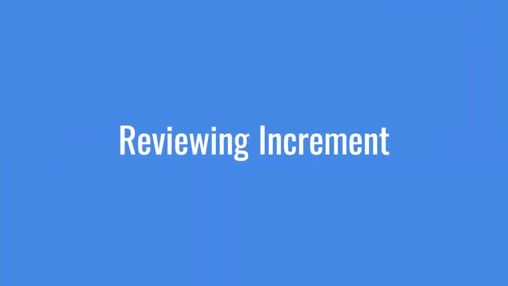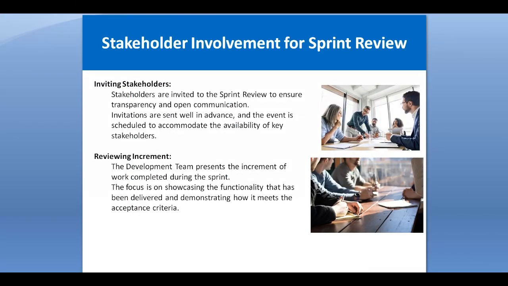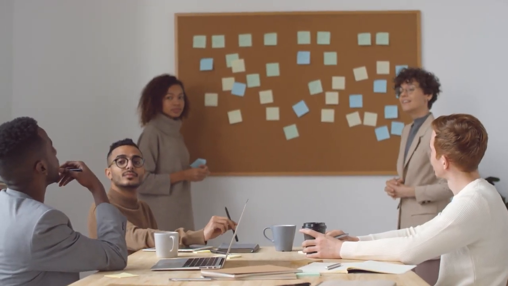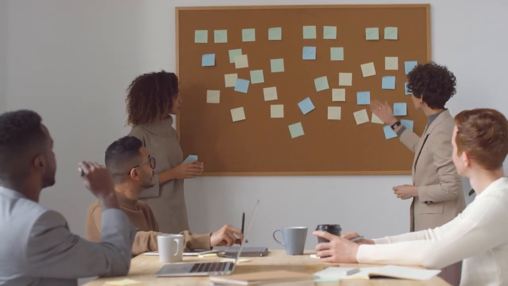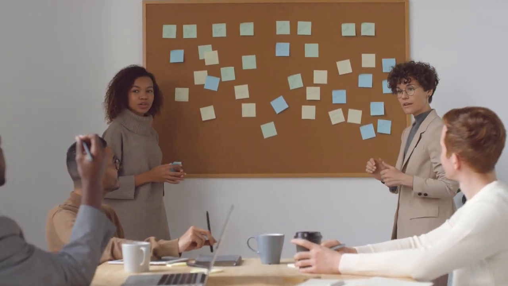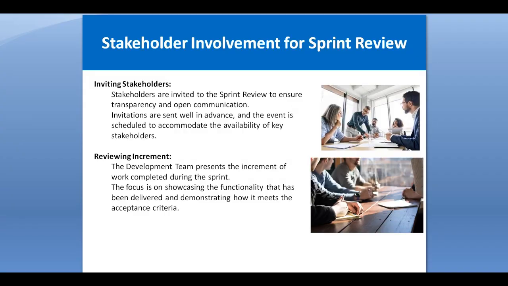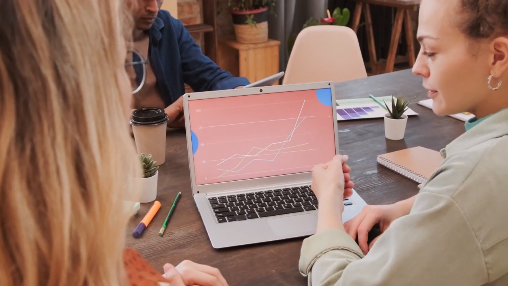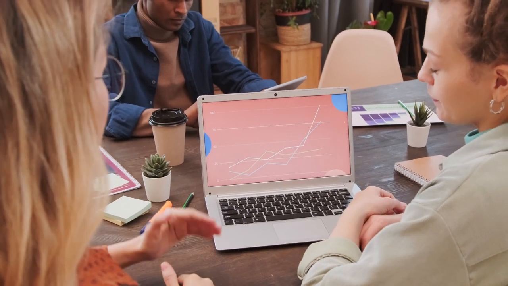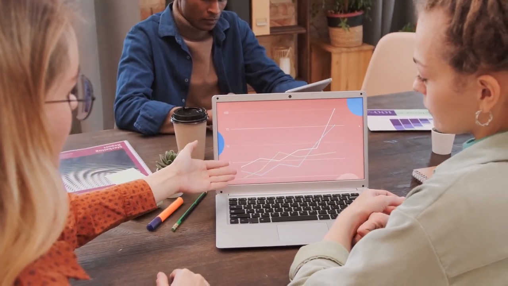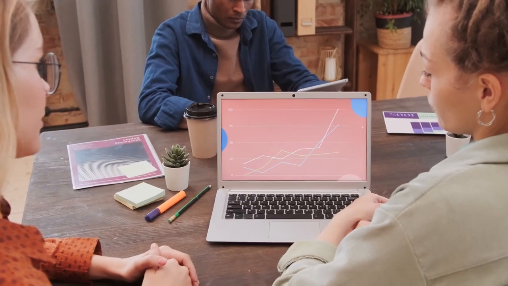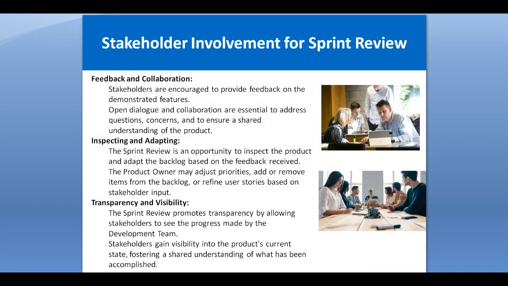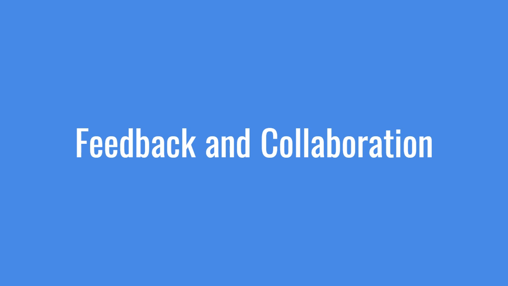Then, reviewing the increment means that in that session the Scrum development team presents and showcases the increment of work completed during the sprint. The focus is on showcasing the functionality that has been delivered and demonstrating how it meets the acceptance criteria. You can think of this as a session in which we are giving a demo, demonstrating the working functionality of the work completed during the sprint.